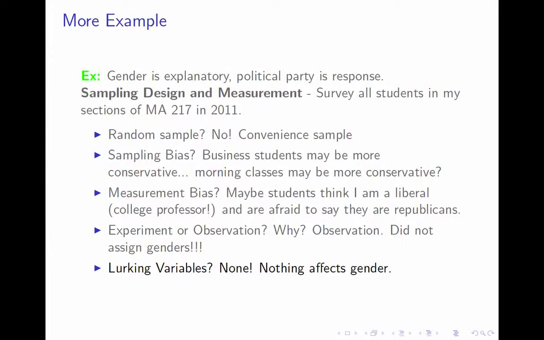There are no plausible lurking variables. Why? Because there aren't any variables that can affect gender. The only exception I can think of is in frogs. Apparently, the temperature of the water in which the eggs gestate can influence the gender of the frog. But short of that, nothing is going to affect your gender, so there isn't the opportunity for lurking variables here.